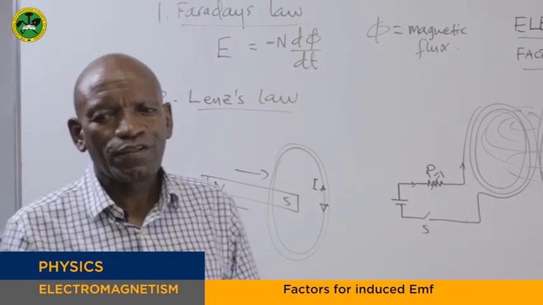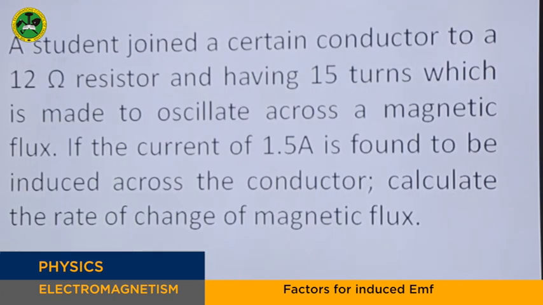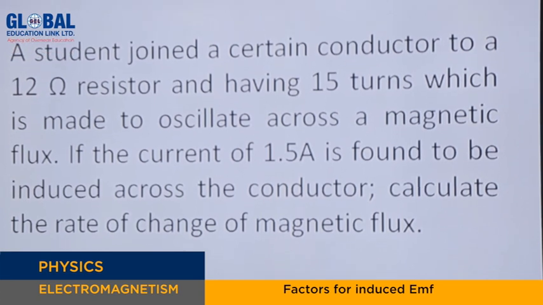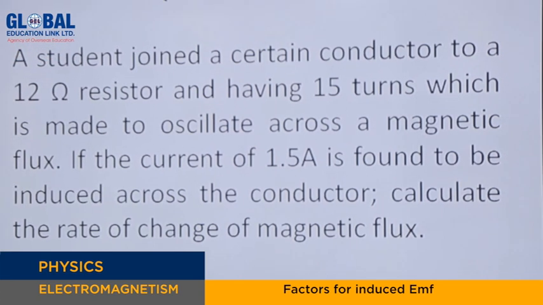Our first question says, a student joined a certain conductor, having 15 turns, to a 12 ohm resistor, and it is made to oscillate across a magnetic flux. If a current of 1.5 ampere is found to be induced across the conductor, calculate the rate of change of the magnetic flux.